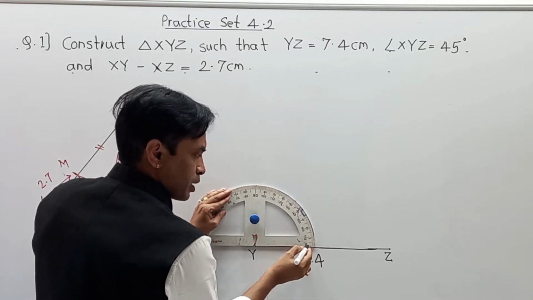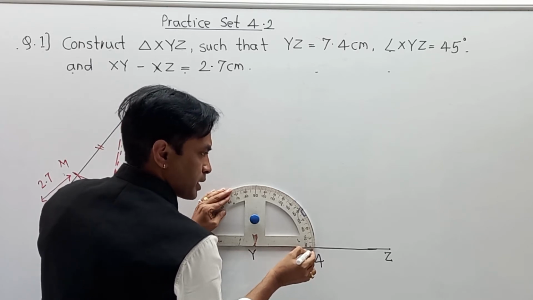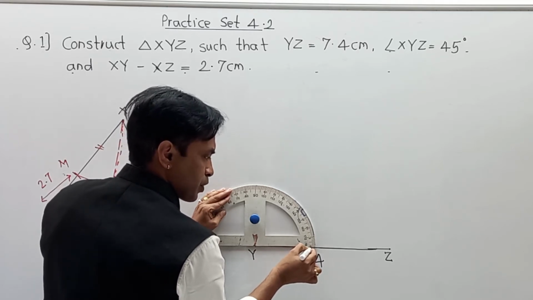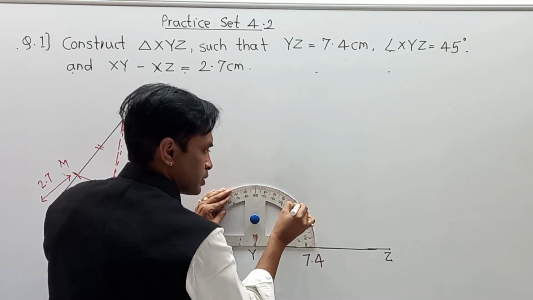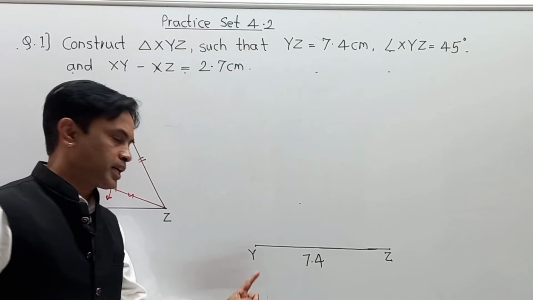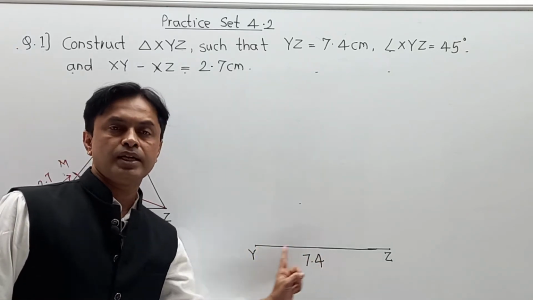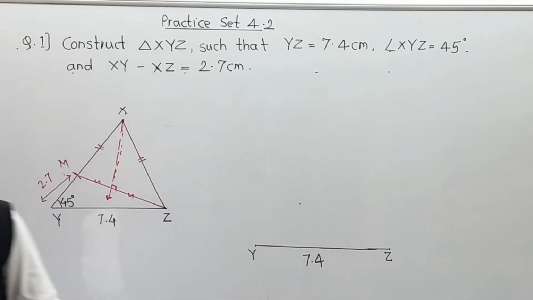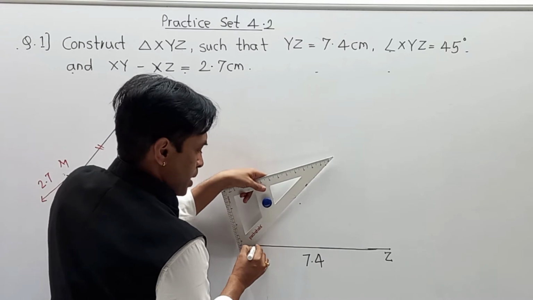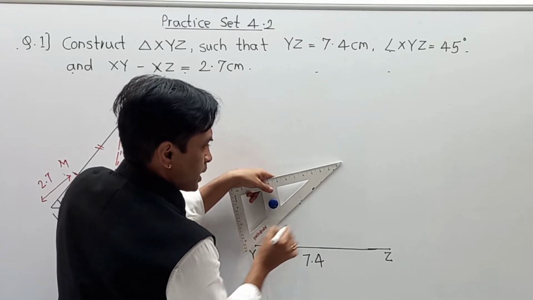With the help of the protractor we take the measurement of the angle: 10, 20, 30, 40, 45. So this is the particular 45 degree point with reference to point Y, or you can say with reference to the horizontal line YZ. After that I am going to draw a line passing through Y and that respective 45 degree measurement point.